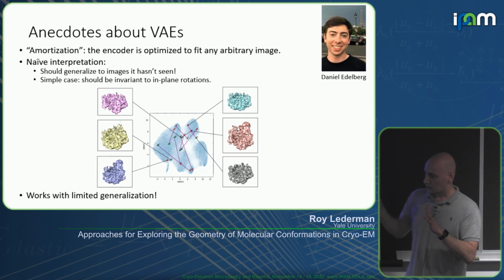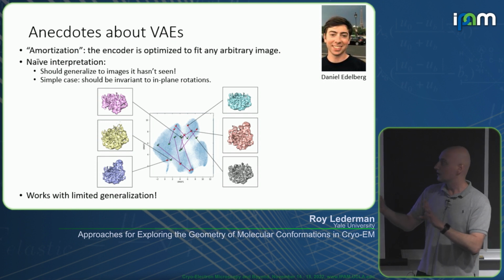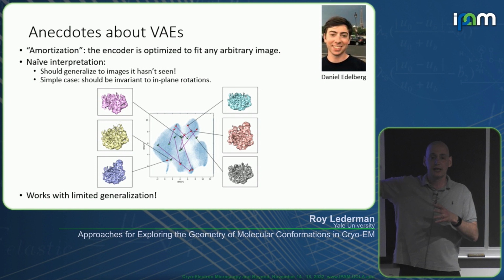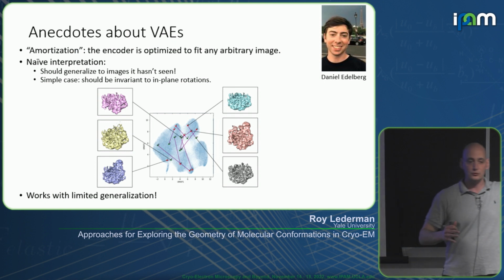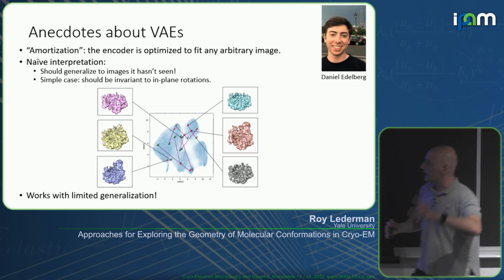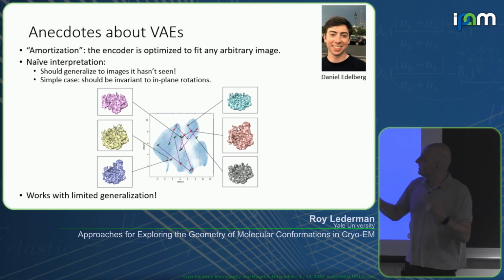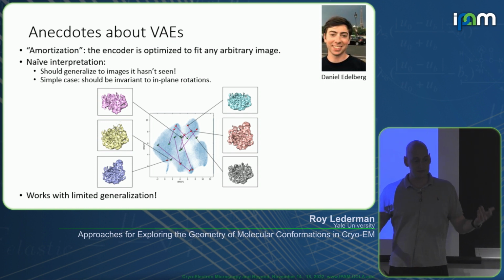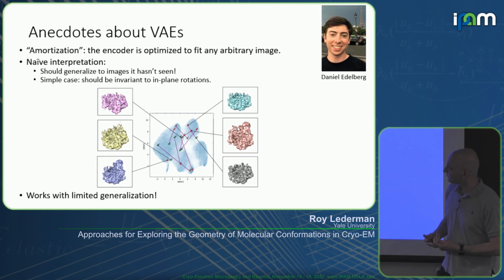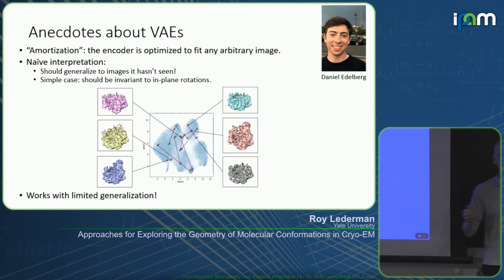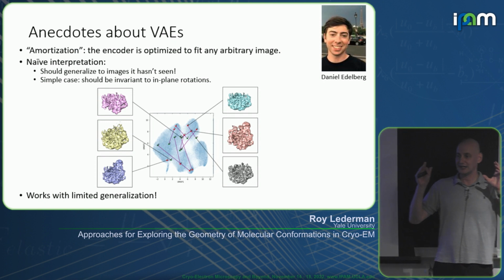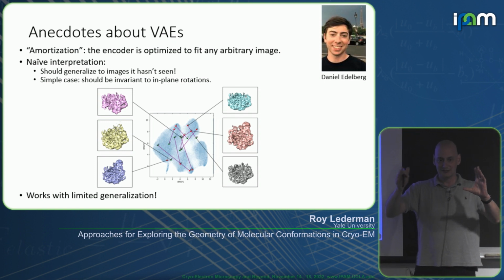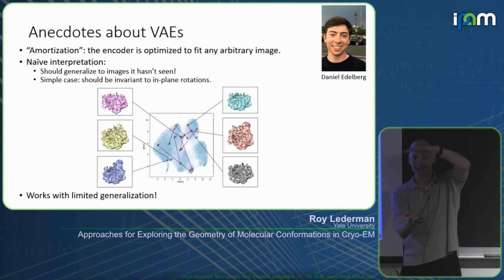So one of the things that you get out of these encoders is amortization. And so you can put in any arbitrary image and get out the latent variables. My naive interpretation was that it can generalize, and it should generalize to images that it's never seen. And actually, we're sort of lucky in Cryo-EM. We have this natural test case. You can just take the image and rotate it.